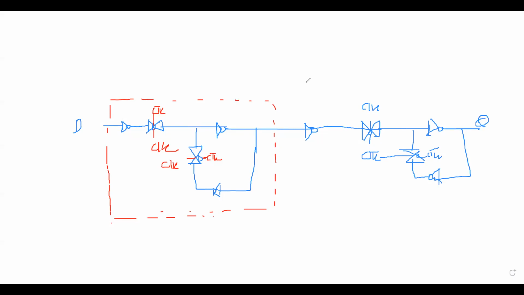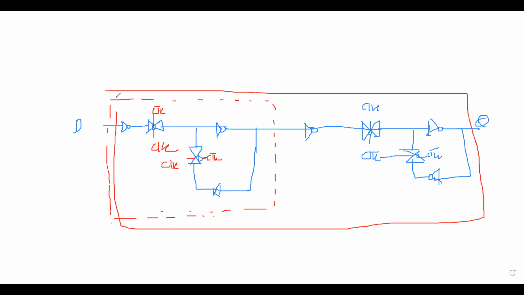When you go inside any flop, this is all present inside a flop. Let's suppose my signal D has changed. When you consider any flop, there is a master and a slave.